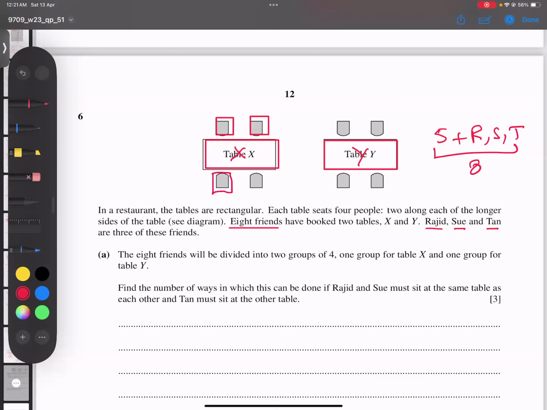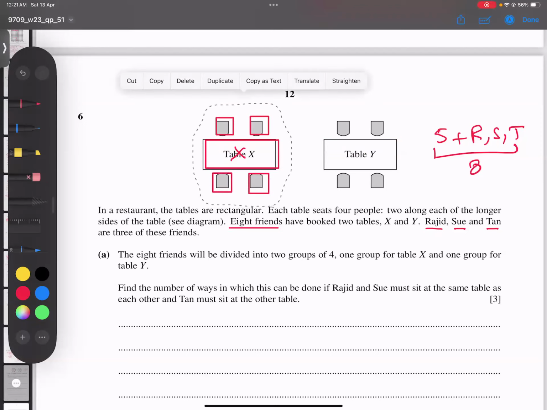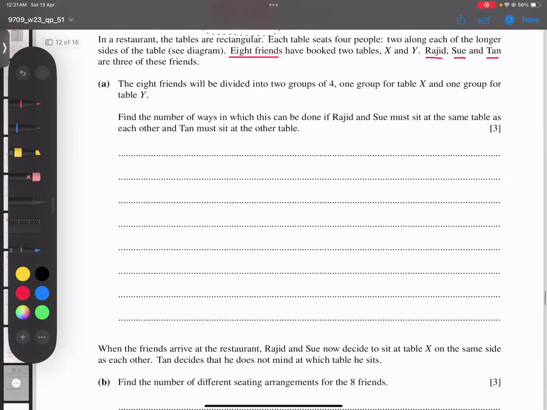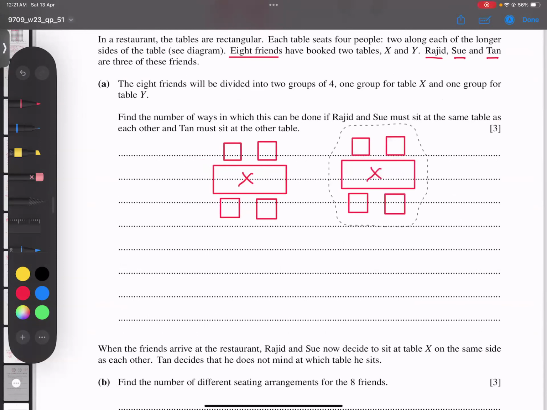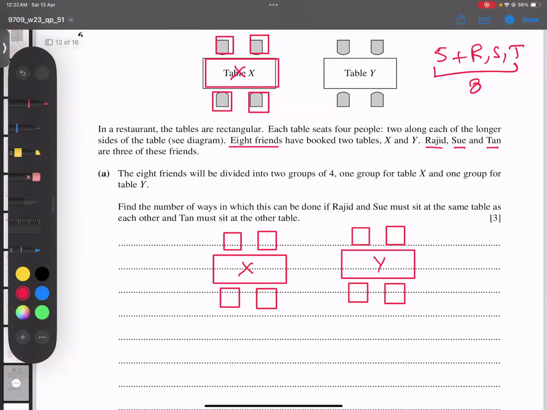I copy, and I paste here, and the same paste here, but this time it is table Y. Now suppose, because we have two options, one option is this, or I have to make this whole thing separate.